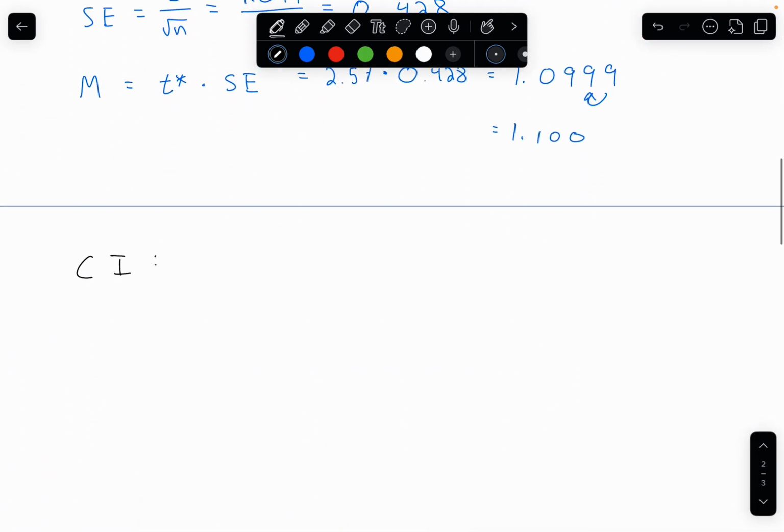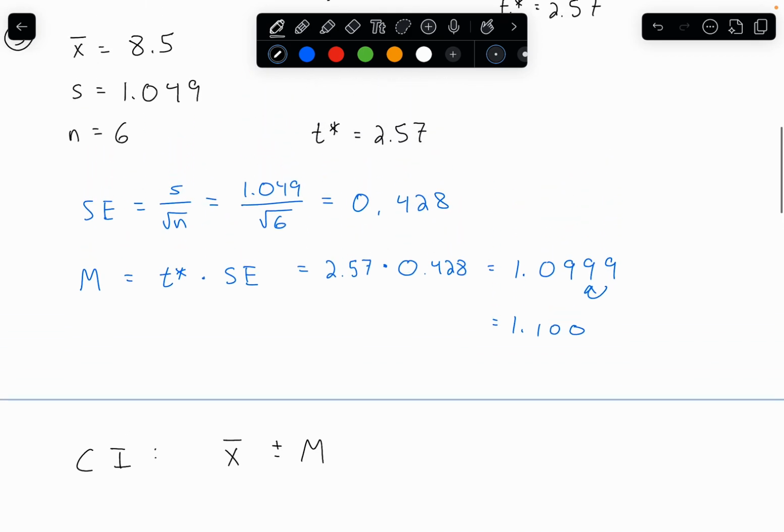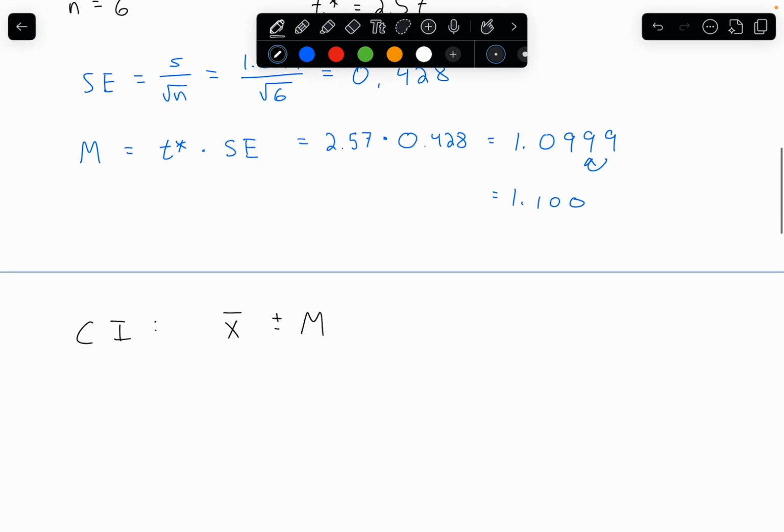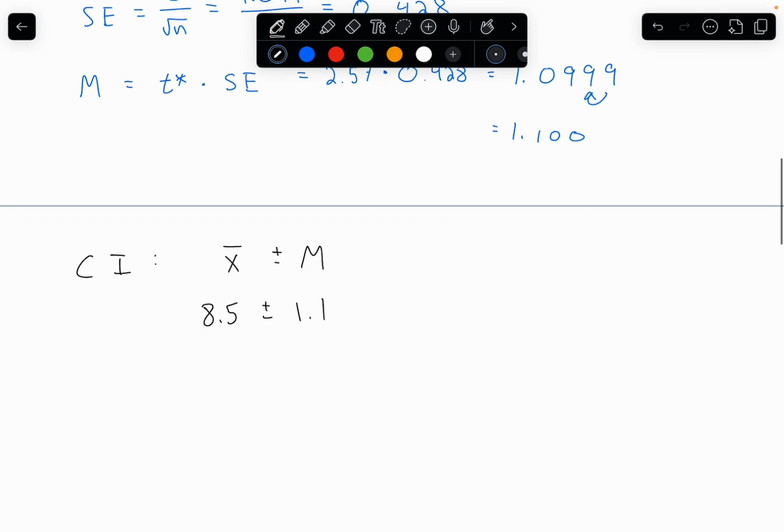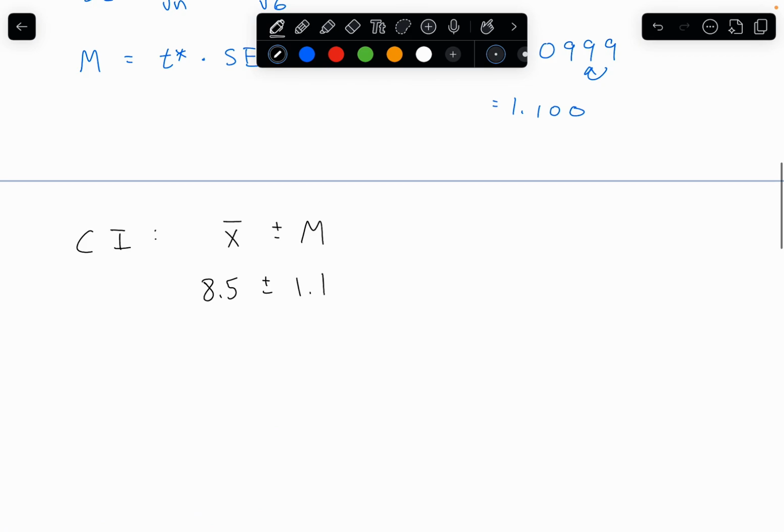So my interval in these types of problems is always X bar plus or minus my margin of error m. I take my X bar, which is 8.5, plus or minus my margin of error, which we'll just use 1.1. This is actually 2 separate calculations: 8.5 minus 1.1 and 8.5 plus 1.1.